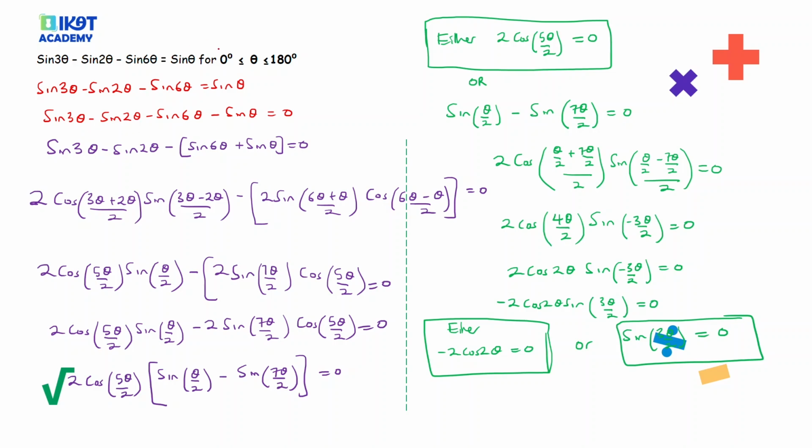But you should always note that when you have four terms like this, and especially when they are negatives, these last two terms, you're supposed to put them into a bracket so that you don't get confused, because now this looks like negative sine 6 theta minus sine theta, yet we don't have a factor formula which says negative sine minus sine.